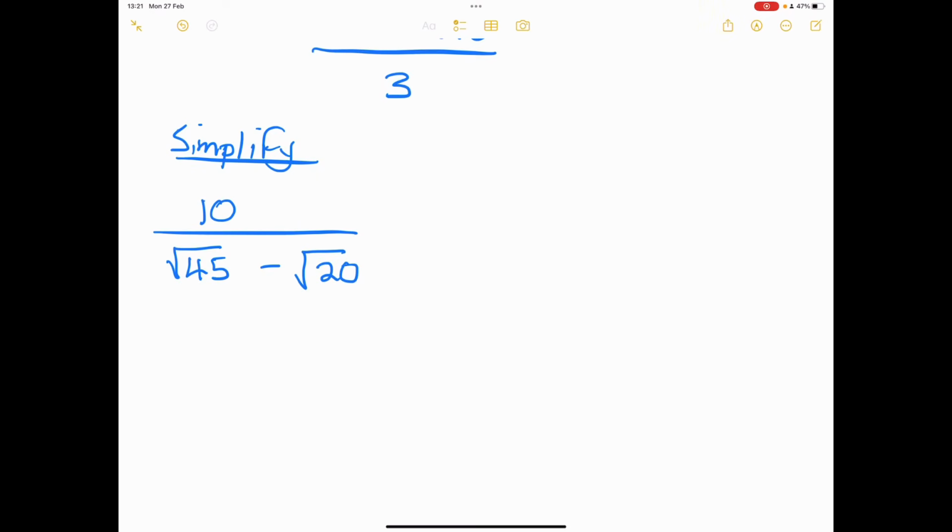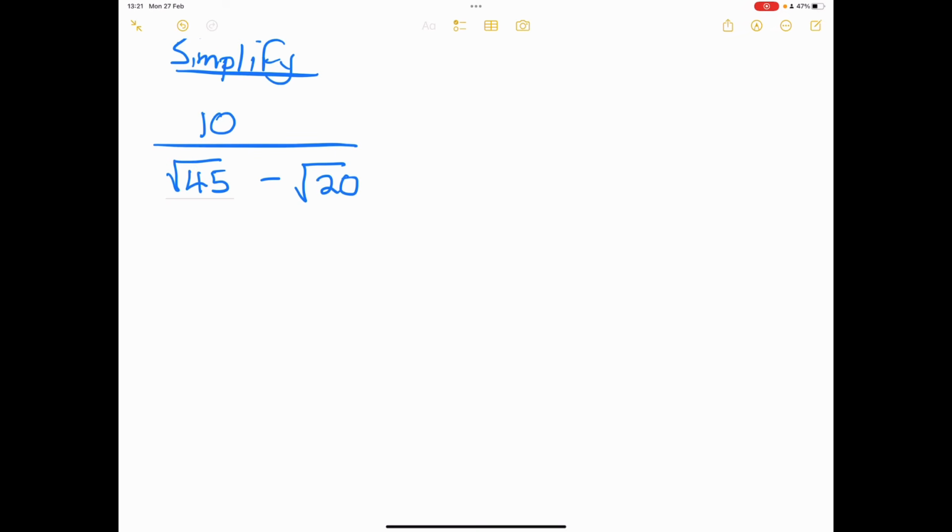So what are we going to do in this case, right? I am going to try and write it in the simplest form possible. If you want to, you can actually just try to simplify this as much as you possibly can, right? So again, that's going to be 10 divided by, if I think of root 45, do you still remember? That would be 9 multiplied by 5, isn't it? So that's 9 times 5, okay?